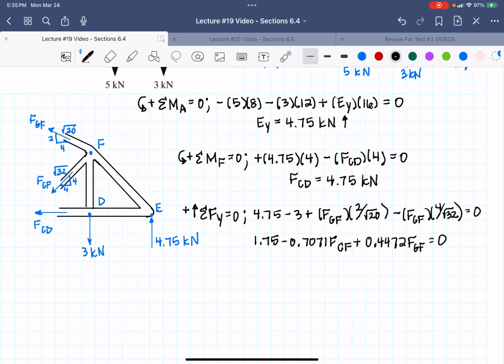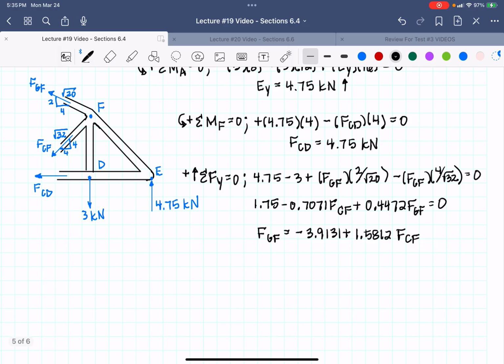So if I solve for FGF, just to get it by itself so I can substitute it, I'm going to get FGF equals negative 3.9131 plus 1.5812 FCF.